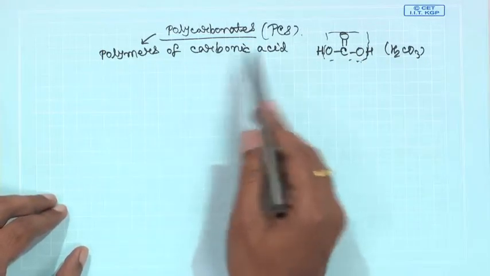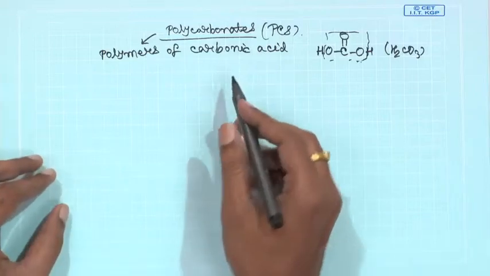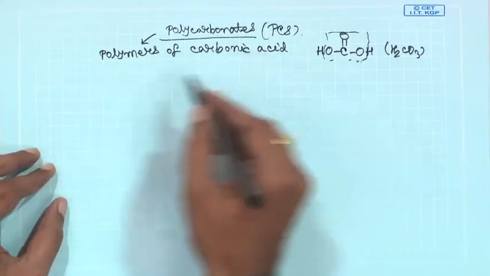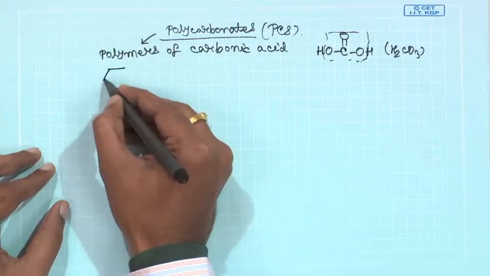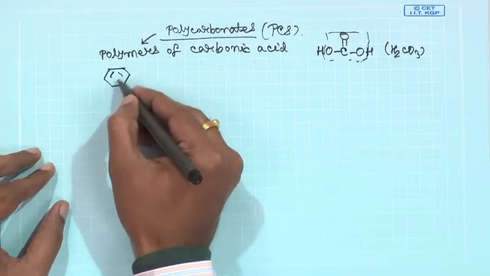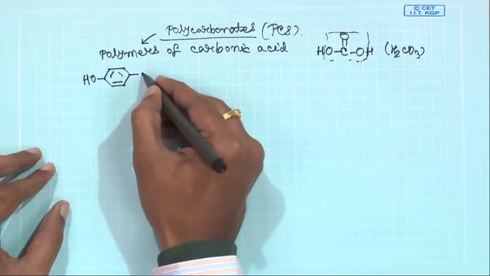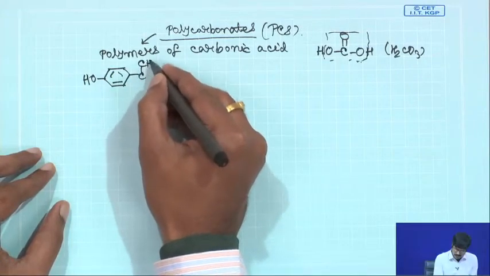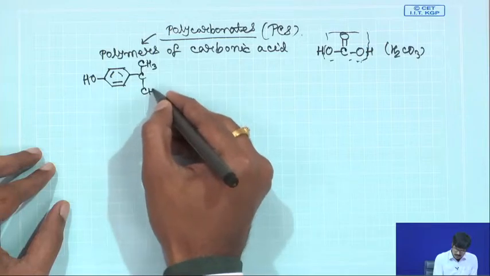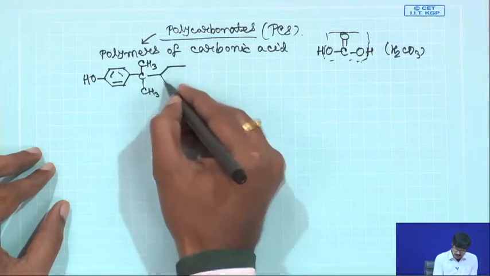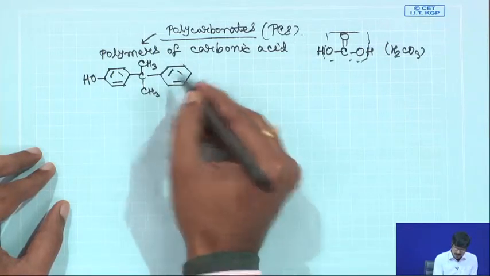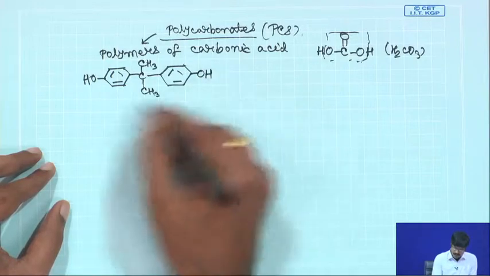So, that is why they are polycarbonates, and the most important commercial polycarbonate is based on bisphenol A. We have talked about bisphenol A before. So, the most important polycarbonates are prepared from this starting material.